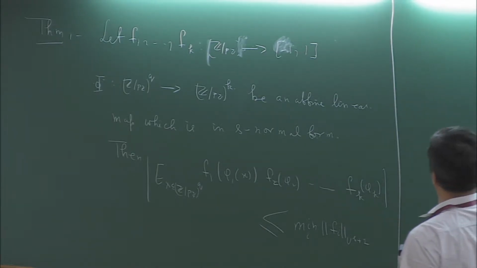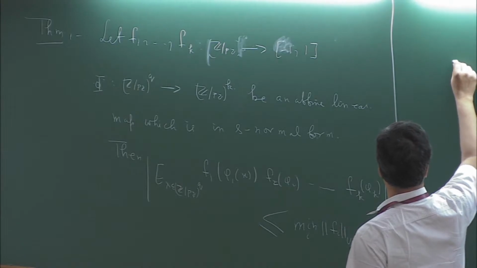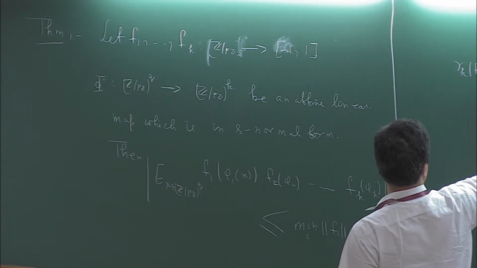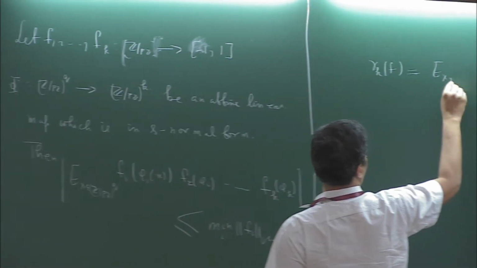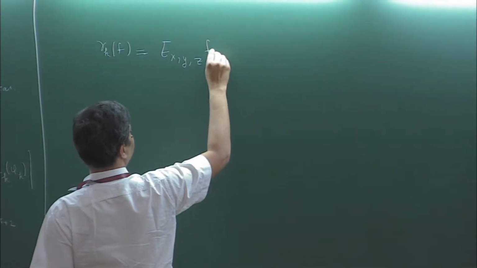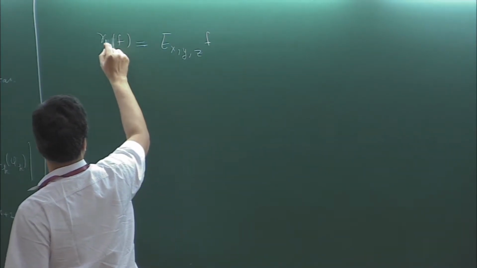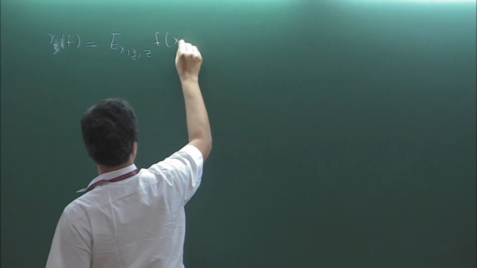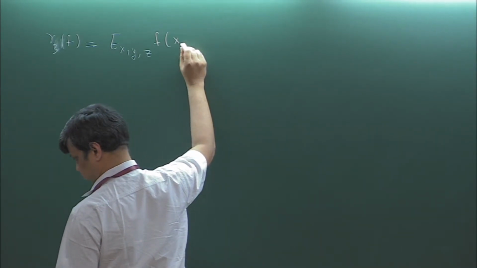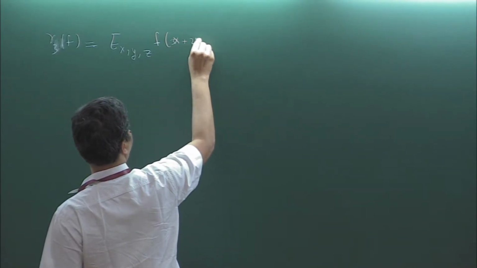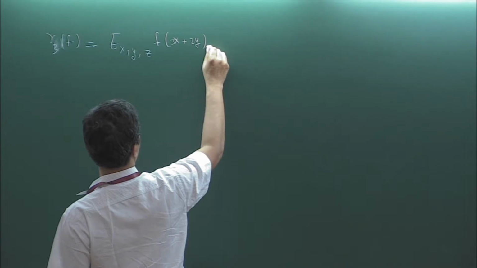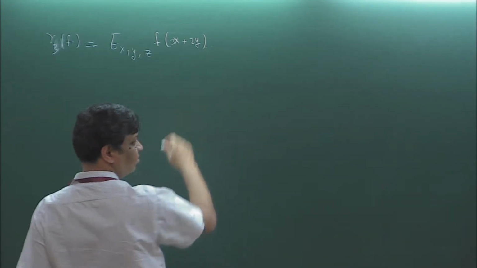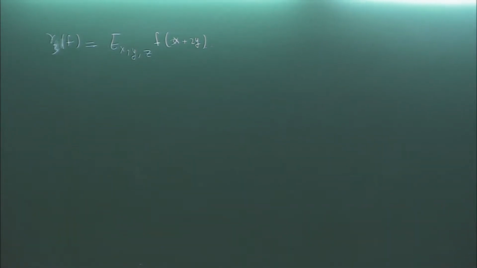You remember that we reparameterized this gamma k f; we rewrote gamma 3 f as the sum over x, y, z of f(3x plus 2y), or 2x, what was this? 2x plus y? 2x plus 3y, is it?